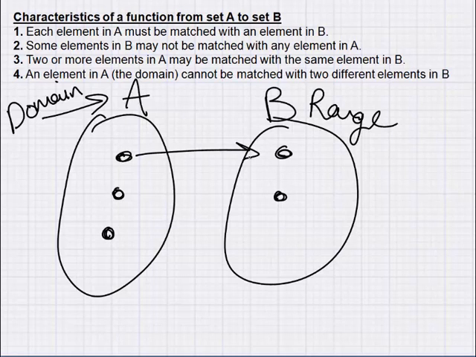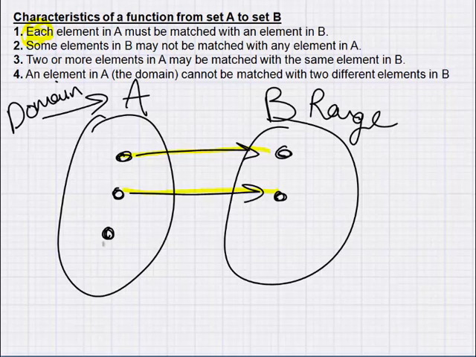So this gets matched here, this gets matched here, and this one doesn't go anywhere. Is it a function? The answer would be no, because the key is each element in set A has to get matched to exactly one element in set B. This one goes to 1, this one goes to 1, this one doesn't go anywhere.